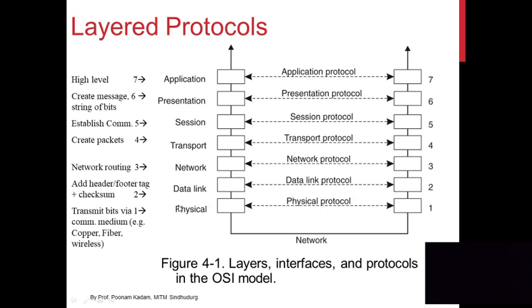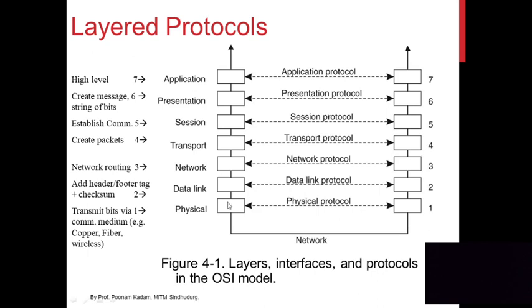Then the data link layer adds the header or footer tags, or it adds the checksum. It is responsible for maintaining the integrity of data. So it adds things like a checksum, or other mechanisms are used at the data link layer, so that after passing the data to the other machine, a check is made whether the same data has been received or not.